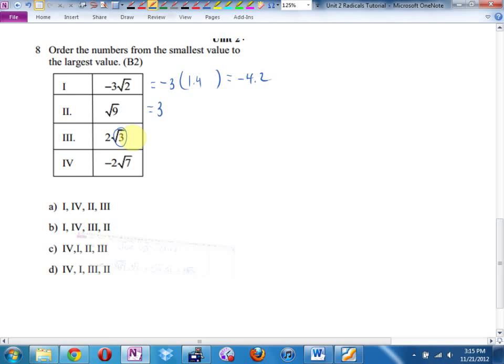I think this is around 2 times 1.7-ish. Well, what's 2 times 17? 34. So 2 times 1.7, it's around 3.4.